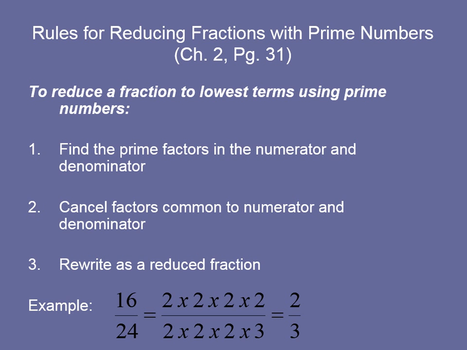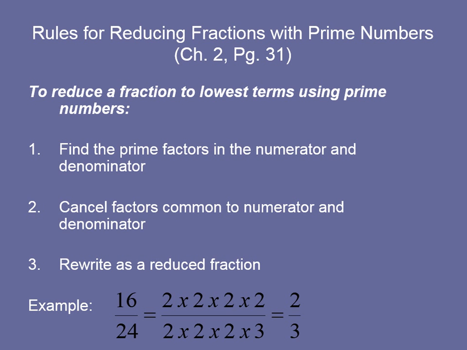I'm canceling the common ones. And then I'll be left with what? 2 over 3, right? And that is called the reduced term. Okay, reduced fraction, lowest terms of any fraction. And that's the lowest you can get from here. You cannot get it further with prime factors and cancel out. This is the best you can.